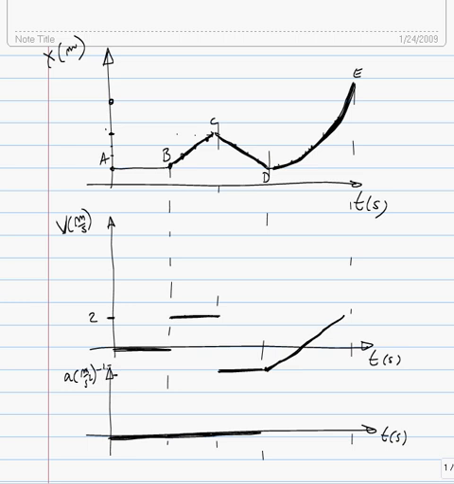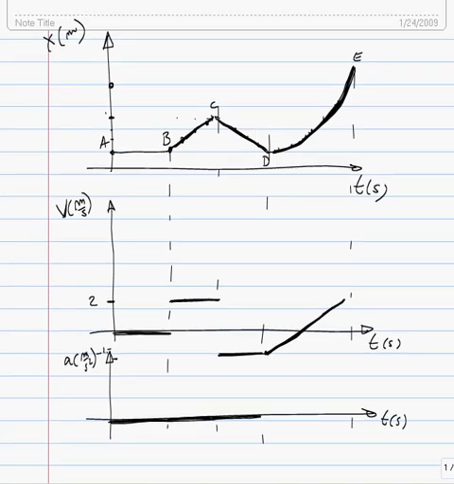And this will become a straight line. Now, it is not very clear how I came up with this. Let's look at the mathematics. Remember, V is equal to dx/dt.